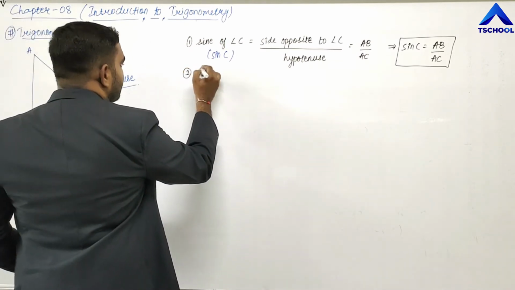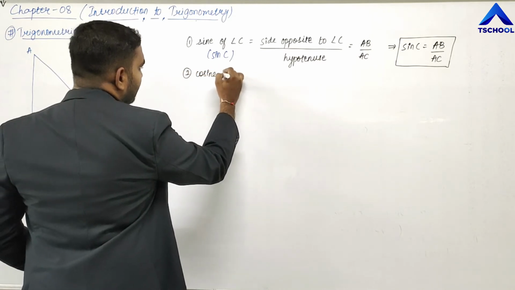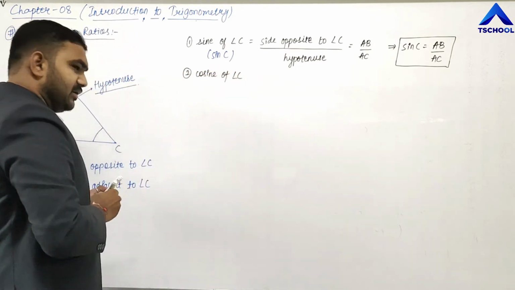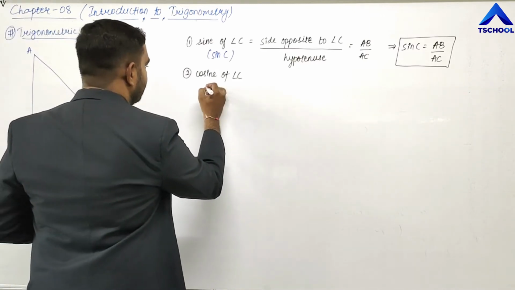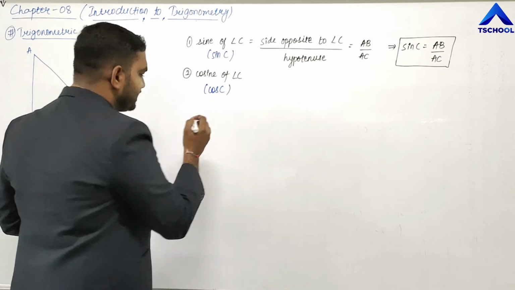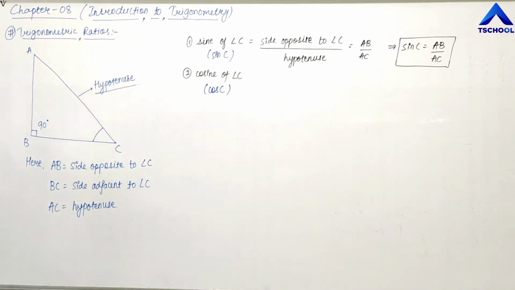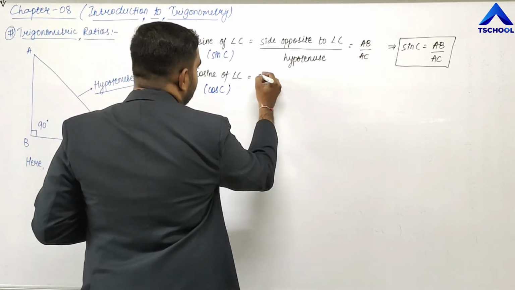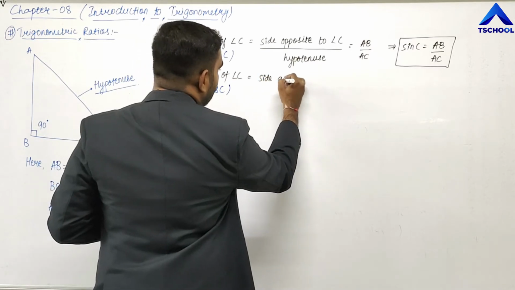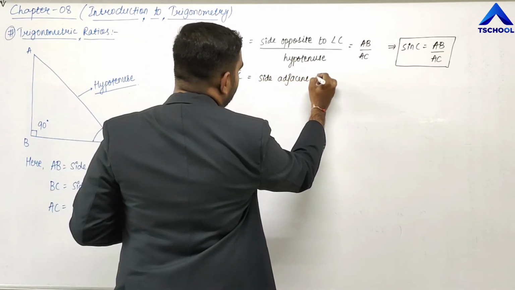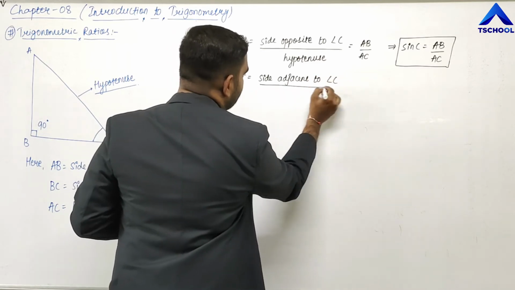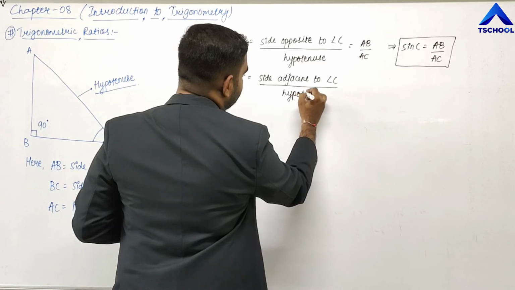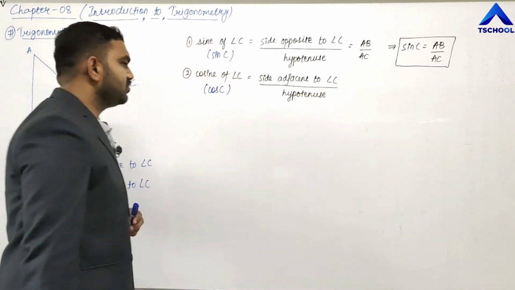The second ratio is the cosine of angle C, written as cos C, given by the ratio of the side adjacent to angle C upon the hypotenuse.